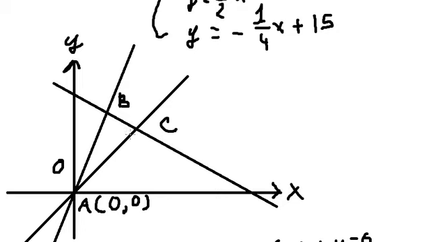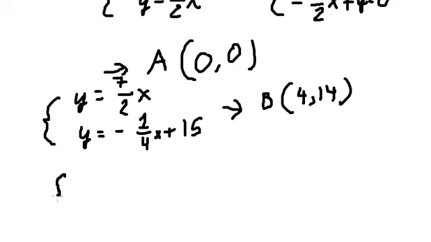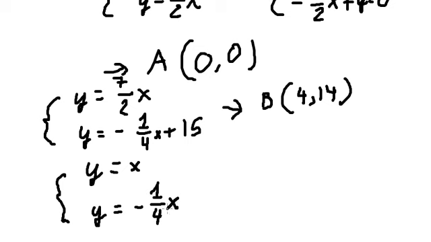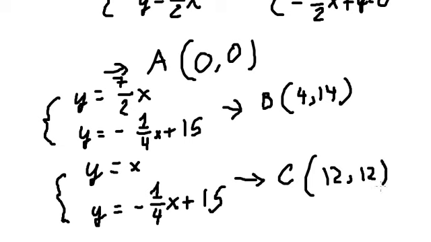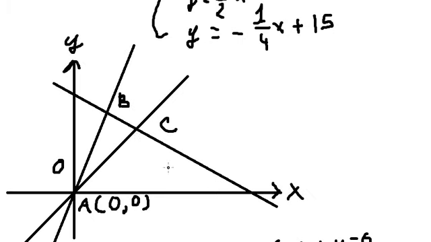About C, that is y equals x and y equals negative 1 over 4 x plus 15. So this one we can find point C in here. That is 12. So C, that's it in here.